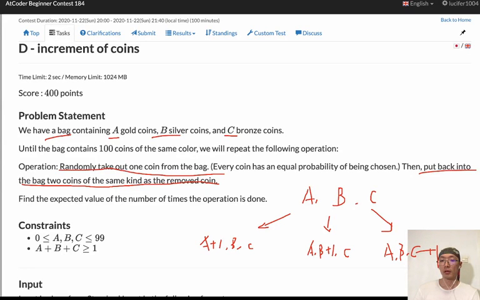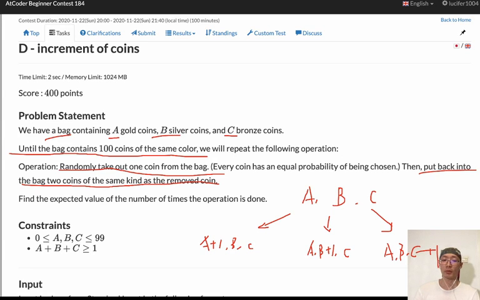So when the bag contains 100 coins of the same color, we will stop. So that means whenever one of these 3 numbers comes to 100, we will stop the iteration.